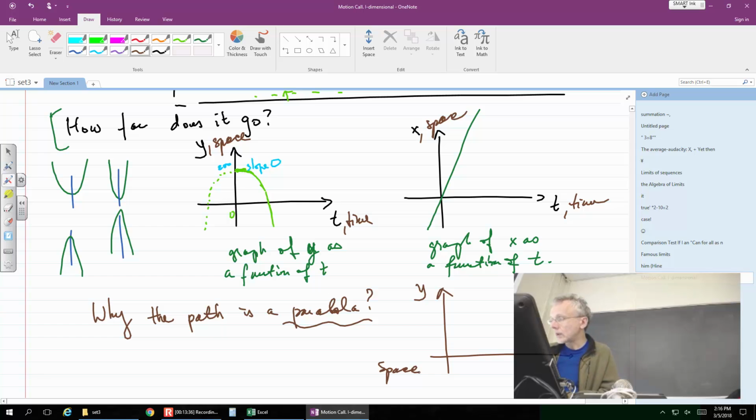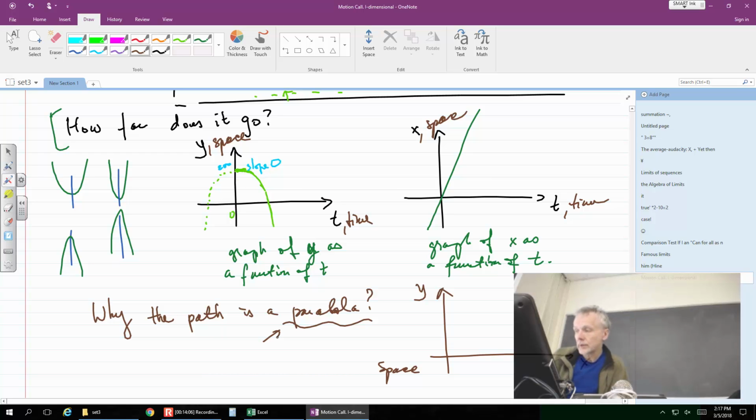So why is it a parabola? How do we demonstrate that it's a parabola in space? Well, we're talking about the parabola. It is really about simply the dependence of y on x.